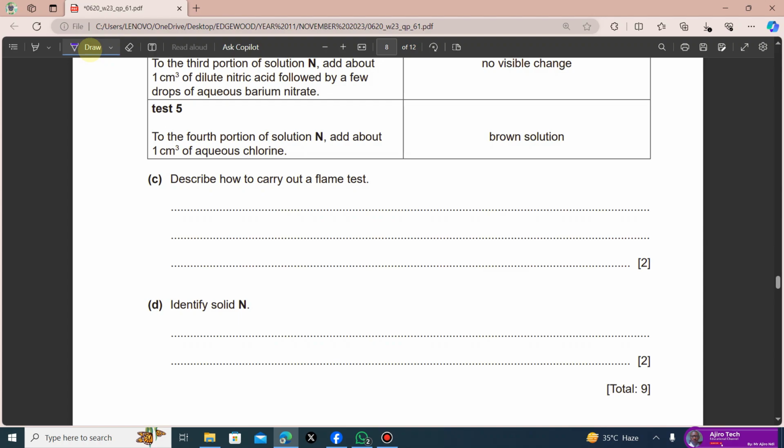Equally, you need something to hold the substance you're trying to test for, whatever ion you're trying to test. So how would you conduct a flame test? You use a wire or splint to get the substance.